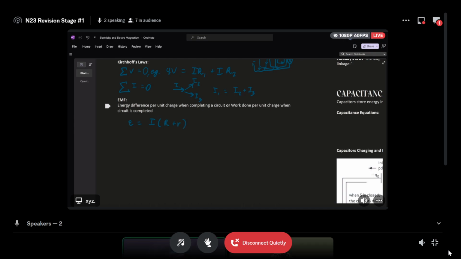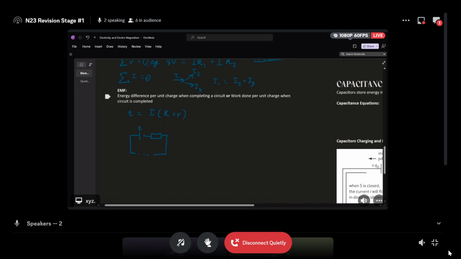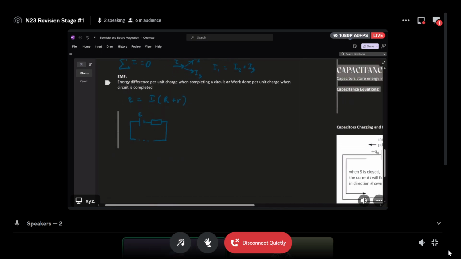This is because EMF is used particularly in scenarios where we have batteries, and batteries always, in the realistic case, have internal resistance, and they look something like this.